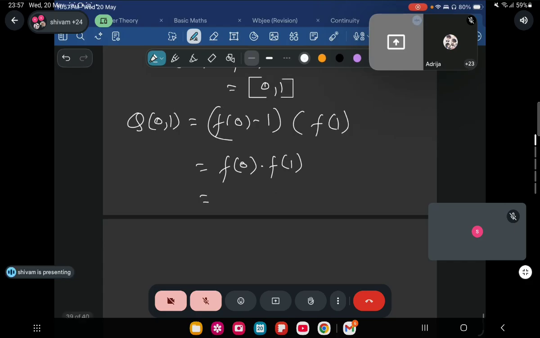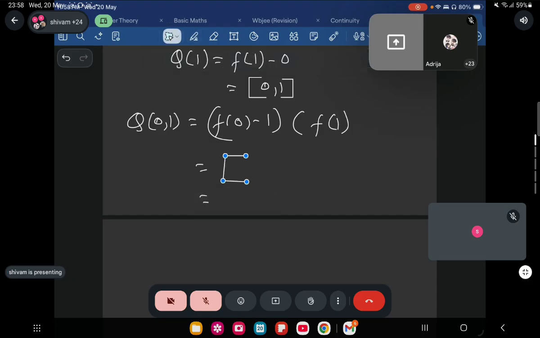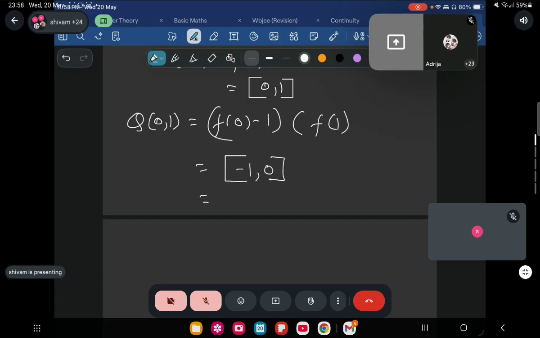F of 0 minus 1 will be lying between minus 1 and 0, and f of 1 lies between 0 and 1.